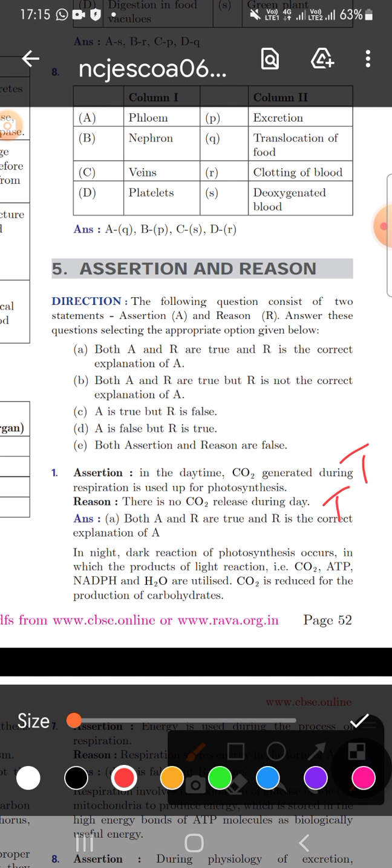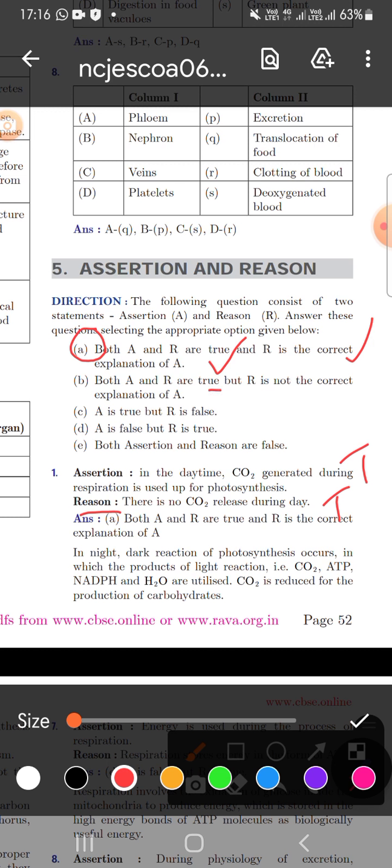Check the options now. Both A and R are true. Reason is the correct explanation of assertion. What is the reason doing? It is explaining the assertion. The statement is on behalf of assertion. So reason is the correct explanation of A. Then you go for picking option A.